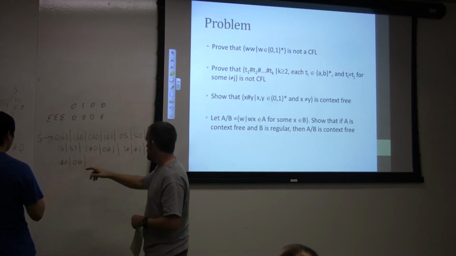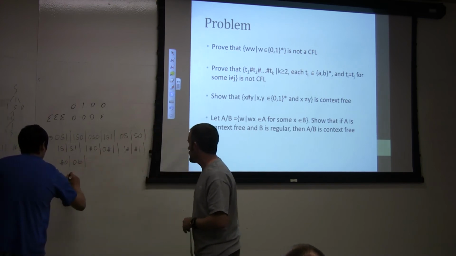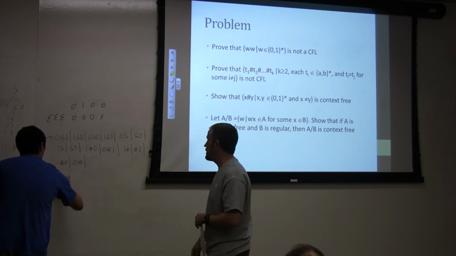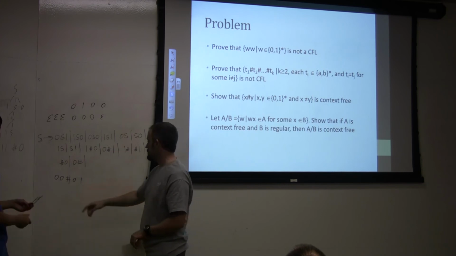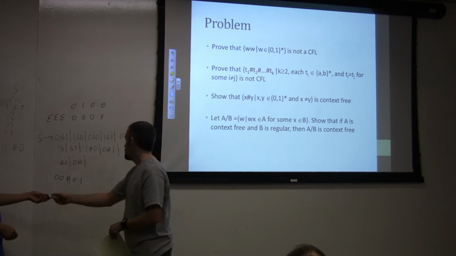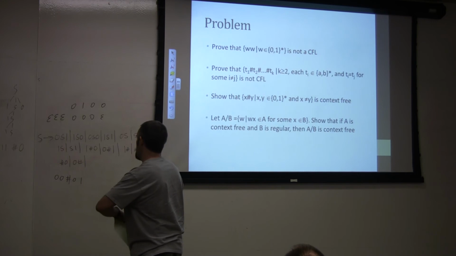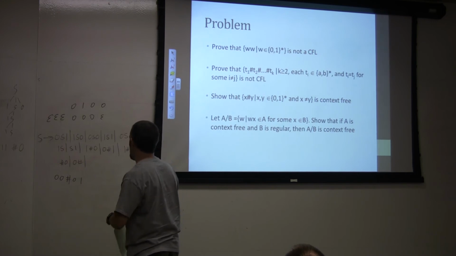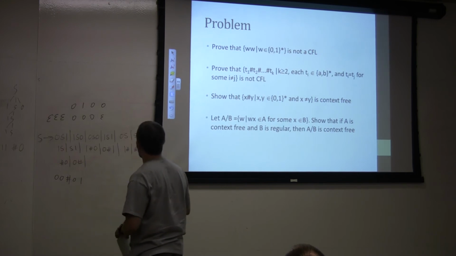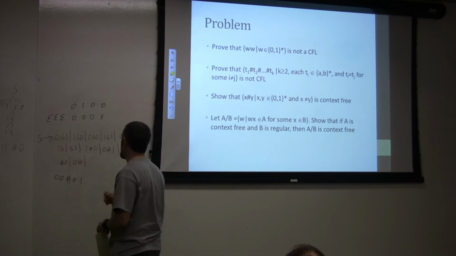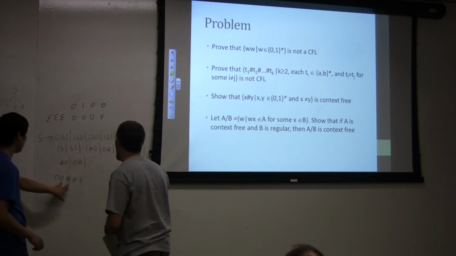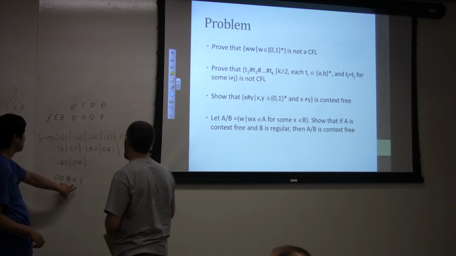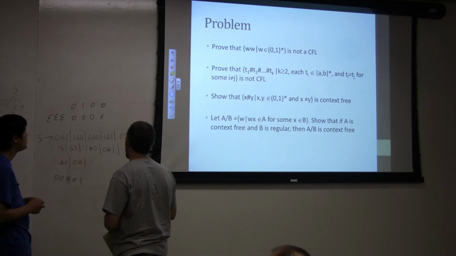Let me. 0 pound 1, where's 0 pound 1. Do you want me to write a parse tree for that? Yes. Oh, okay. I see what you're saying. Because I don't have that one. Basically, you require that the two symbols next to the pump must be different.